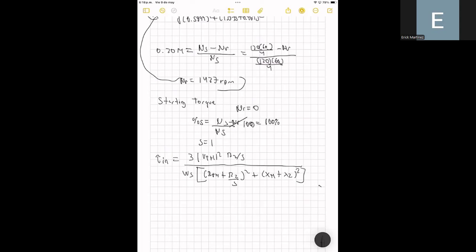Okay, this is the expression that you need to use, but we have all the data.